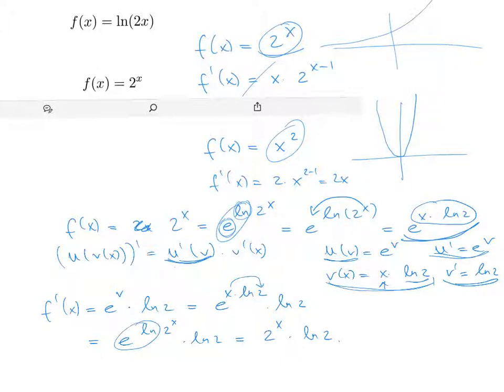A long way to go, and indeed this was a difficult exercise, but now you know the trick. So our answer is that the derivative of 2 to the power of x is 2 to the power of x times logarithm 2.